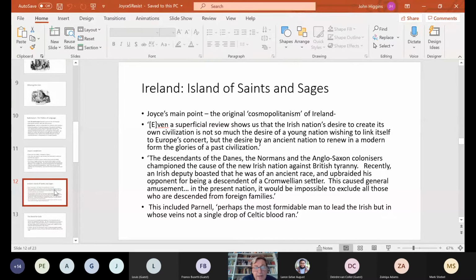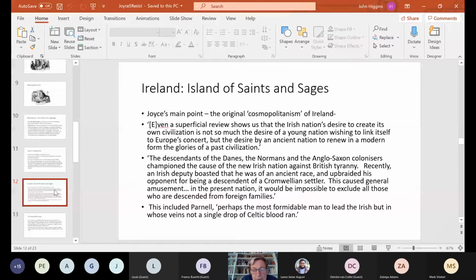And he points to how, for instance, it's the descendants of the Danes, the Normans, and the Anglo-Saxon colonizers who championed the cause of the new Irish nation against British tyranny. Recently, he points out, an Irish deputy boasted that he was of an ancient race and upbraided his opponent for being a descendant of a Cromwellian settler.